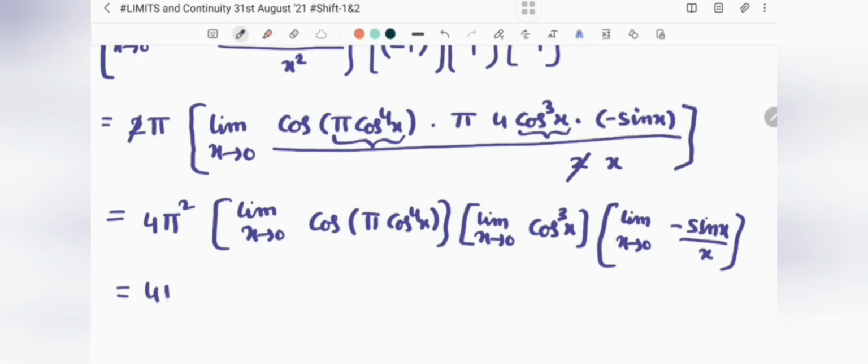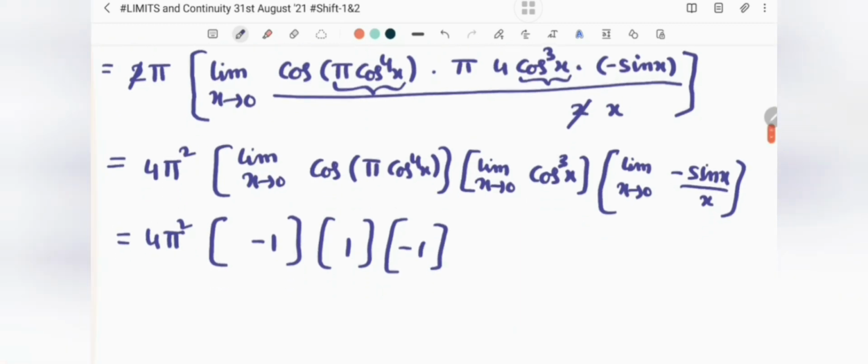So that is equal to 4 pi square. X is equal to 0, substitute, cos pi is minus 1. So minus 1. X is equal to 0, cos 0 is 1. 1 cube is 1. Limit x tends to 0 sin x by x, here minus is there. So limit x tends to 0 sin x by x is 1. 1 into minus 1. So ultimately 4 pi square, minus into minus is plus.